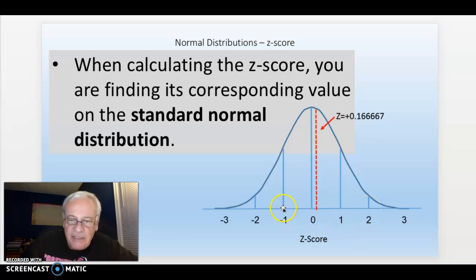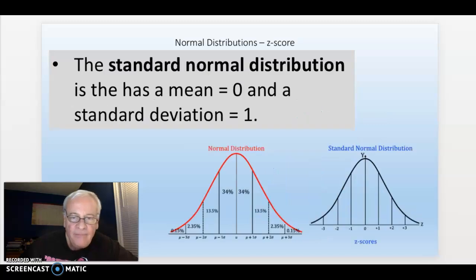And 1 standard deviation to the left or below the mean is just -1. 2 below is -2. Basically, a standard normal distribution has a mean which equals 0 and a standard deviation that equals 1. And you're going to need to know that for the vocabulary, I do believe.